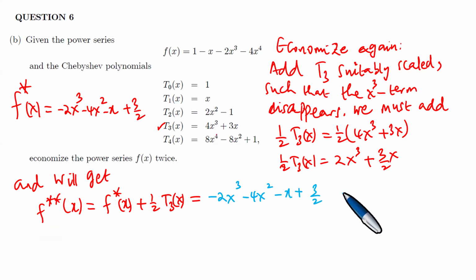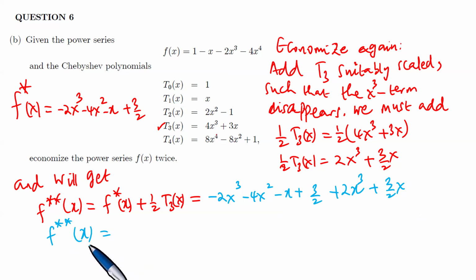What is half T3 of x? Is this plus 3 over 2x? And what is this? Okay, by looking at this carefully, we are able to make certain observations, like the cubic terms disappear.